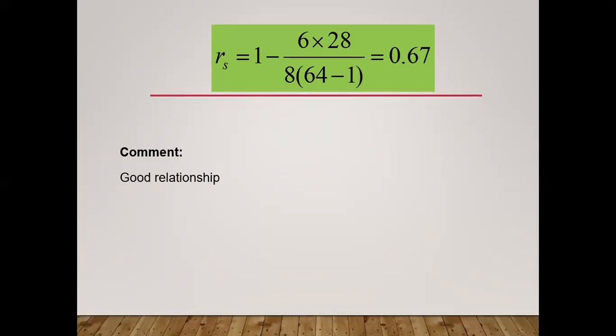Sometimes bribery is very common, so that's why we're checking whether judges are giving marks and ranks without bias. So is the marking fair? I think it's a good relationship, in my opinion.